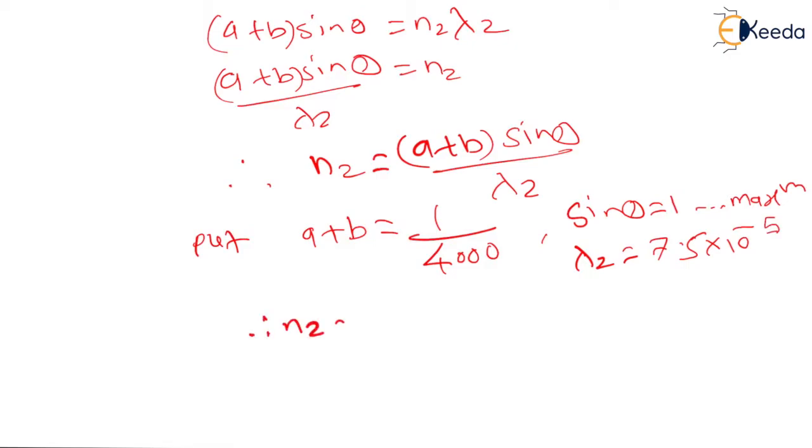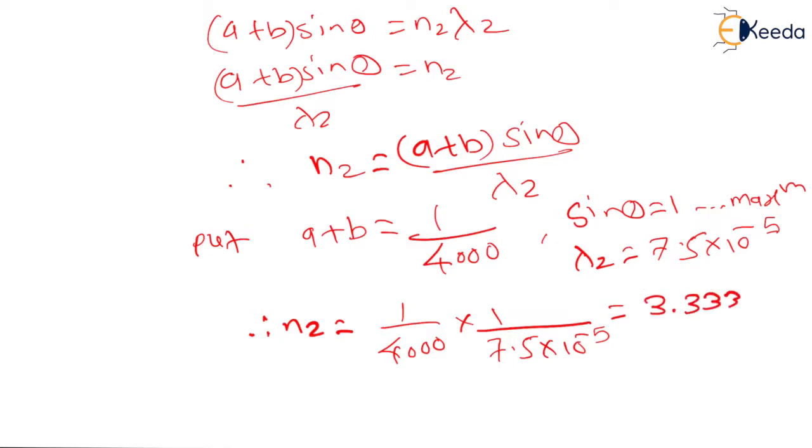Therefore, what will n2 be? It is 1 upon 4000 into sin theta 1, upon lambda 2, 7.5 into 10 raised to minus 5. How to calculate it? It is 3.333. So we have to neglect the 0.33 and n2 becomes 3.